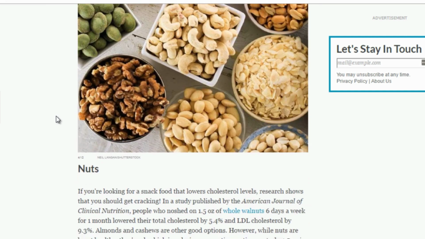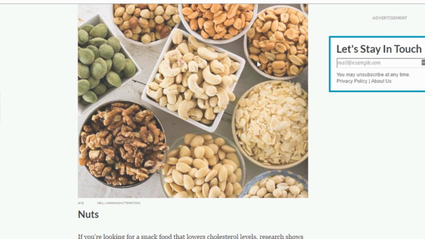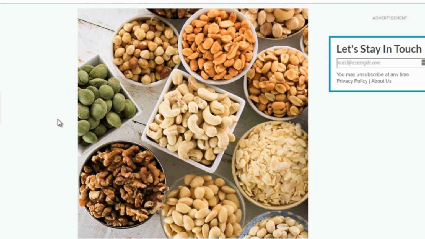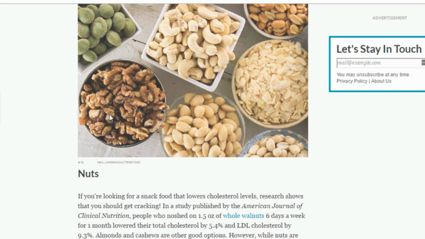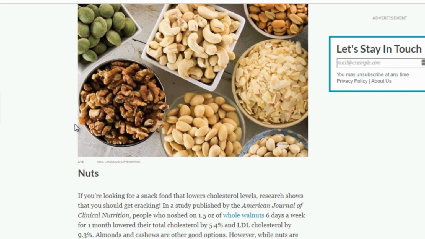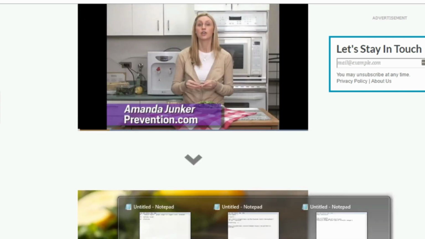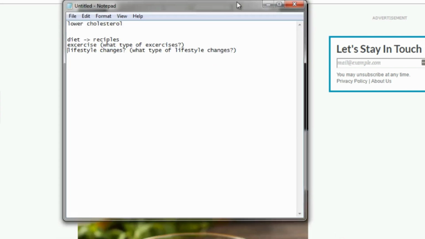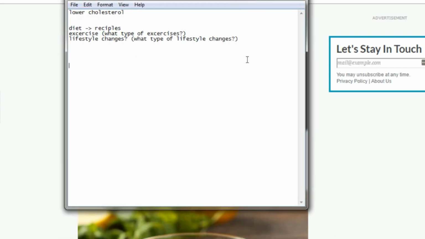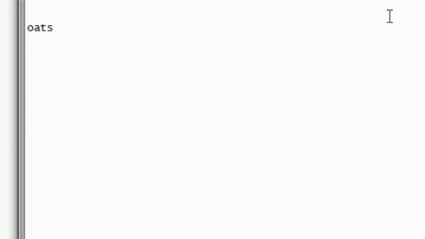Because as you can see here, there are many different types of nuts. There are pistachios, for example, that can help lower cholesterol, and many other types like almonds that can help as well. So try to go through here and break it down. Here we can see it's talking about nuts, oats, red wine, salmon or fish, nuts, and let's scroll down and see what else.